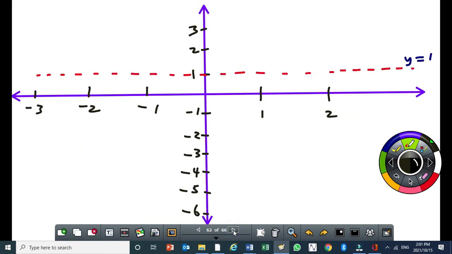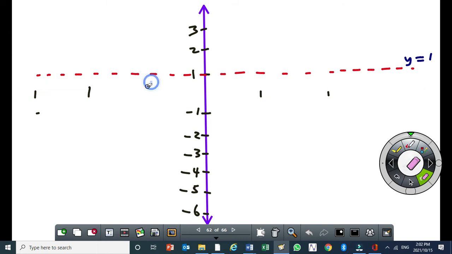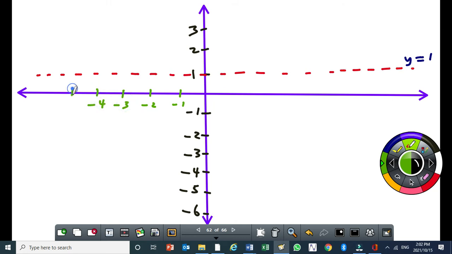Let me change my scale here. Okay, so I can put -1 there, -2, -3, -4, -5, maybe -6 there.